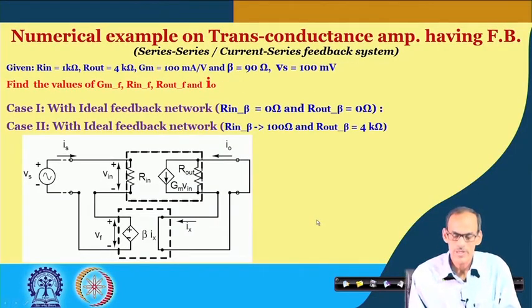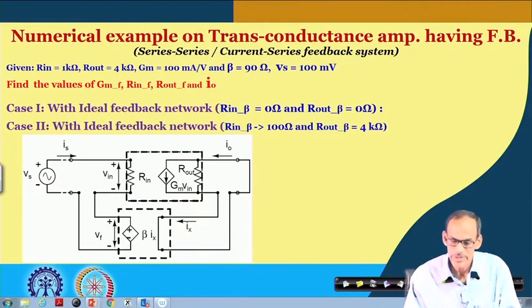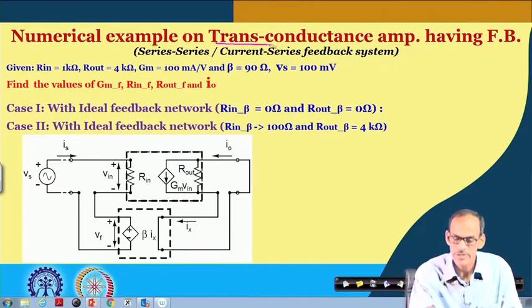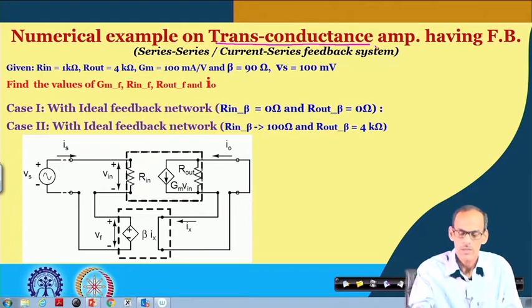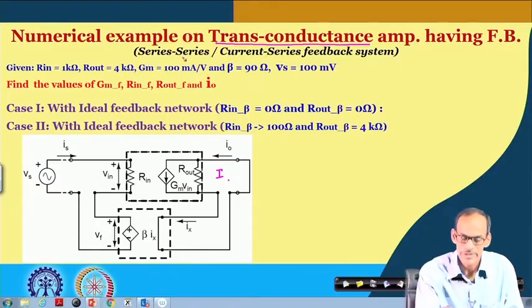It is very similar, however, in this case the circuit is a transconductance amplifier, so the signal here is current. The sampler is series and it is sampling current, and the mixer is series, as the signal here is voltage.